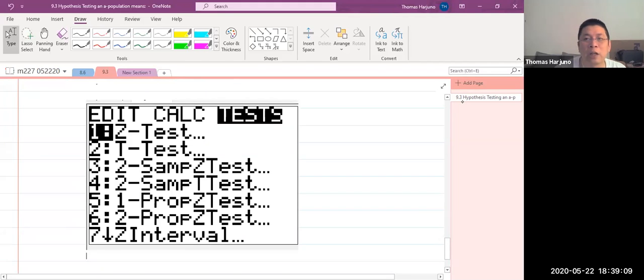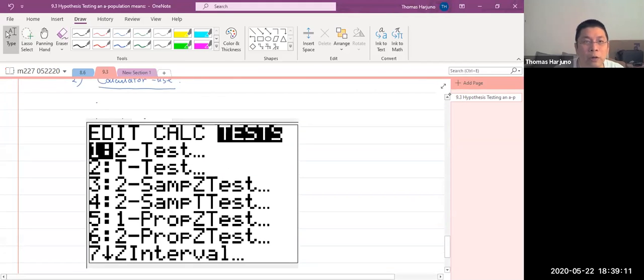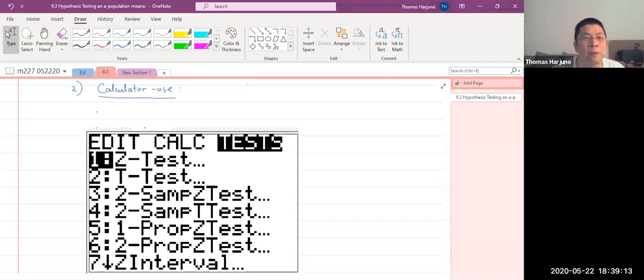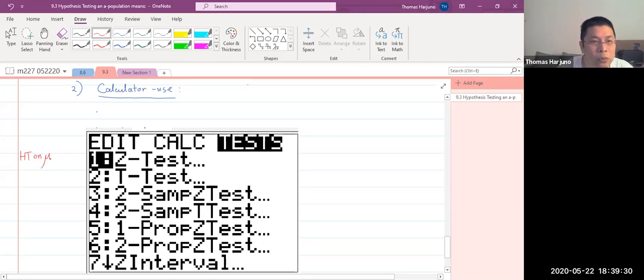Like what I said before, some instructors actually make heavy use of the calculator, right? So I would like you to know this first, at least to help you when you tutor them. Hey, make some money. Why not, right? It's tax-free. The first one here is hypothesis testing on mu when sigma is known.